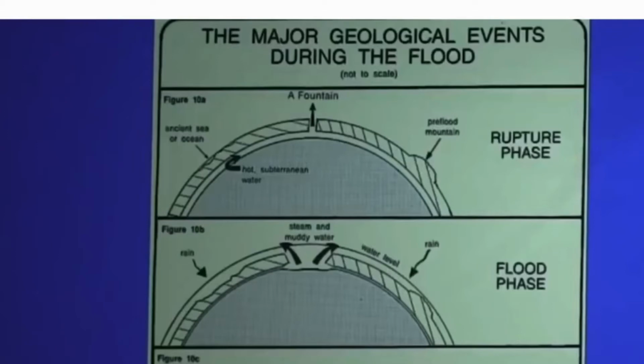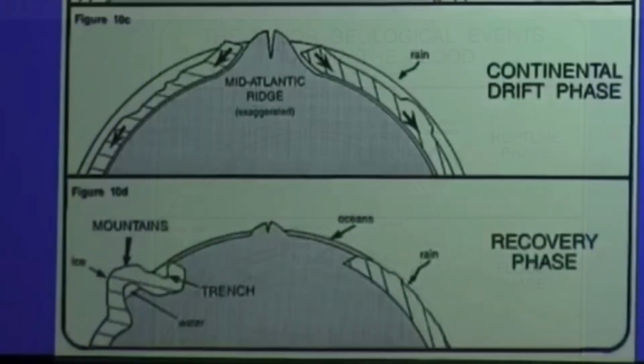Once enough water got underneath the Earth's crust plates, it would cause them to lift. The bottom part shows how it creates these ridges with the cracks and how the Earth moves apart. Kind of shows why it would take days or years, not millions or hundreds of millions of years, to happen.